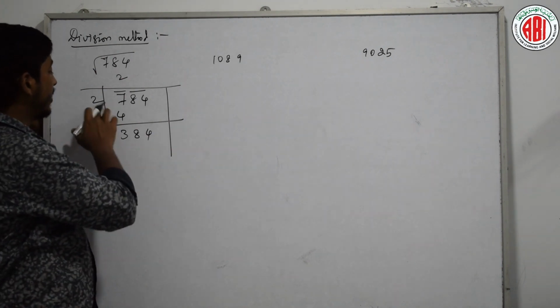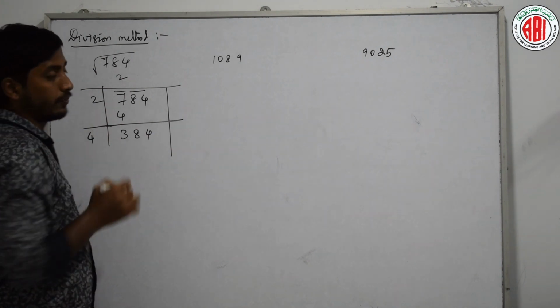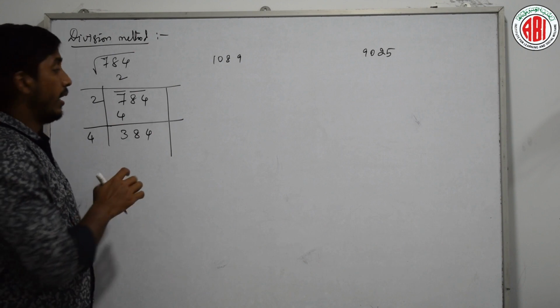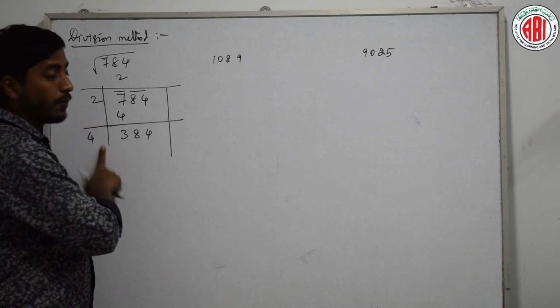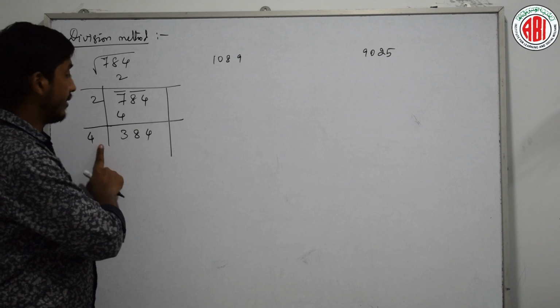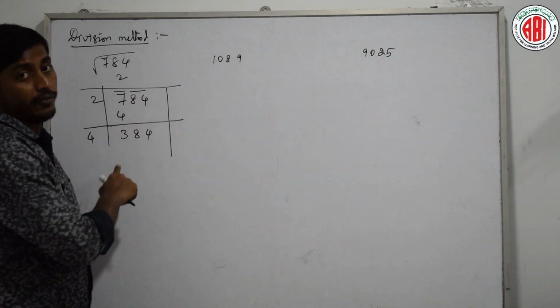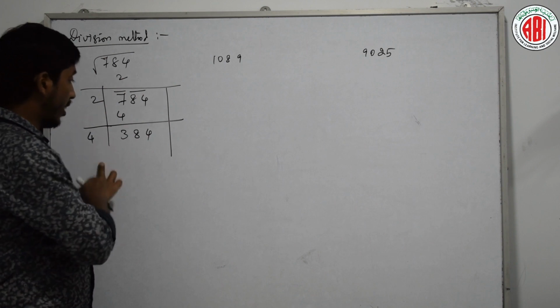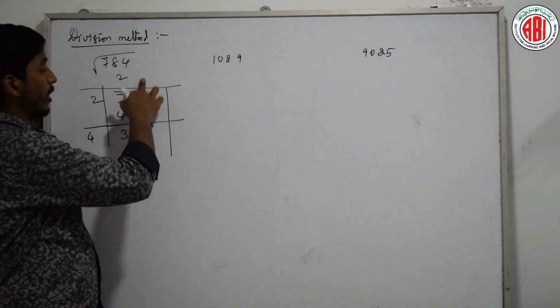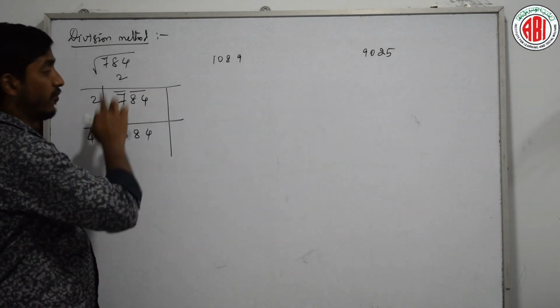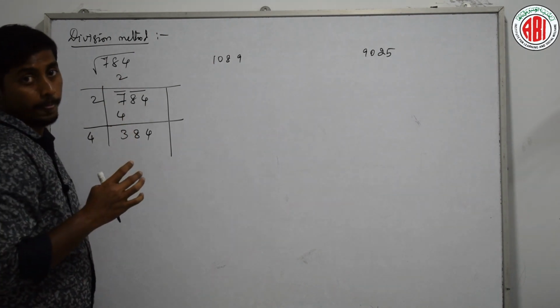Next, double this 2, what do we get? 4. Clear? Beside 4, we should put such a number that when multiplied we get 384. Either we have to do 41 into 1, 42 into 2, 43 into 3, 44 into 4, like that. Is it clear?